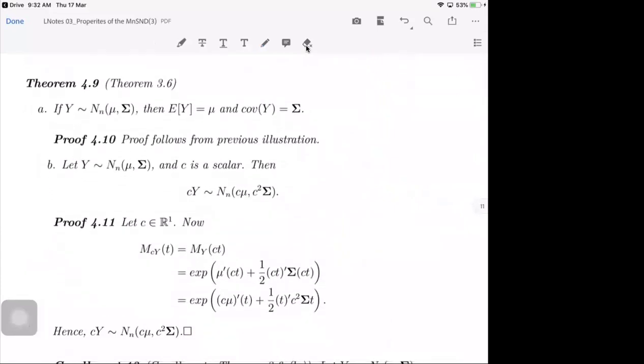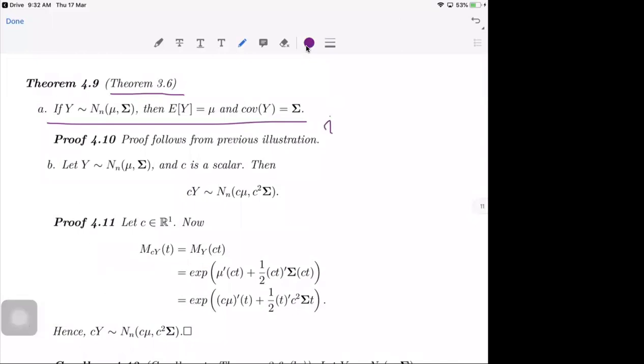Okay, so the next theorem is 3.6 in Arnold. This is what the illustration was talking about. If y is normally distributed, then the mean is just mu and the covariance is just equal to 0. So let us assume from now that our y is normally distributed and do some transformation on this.